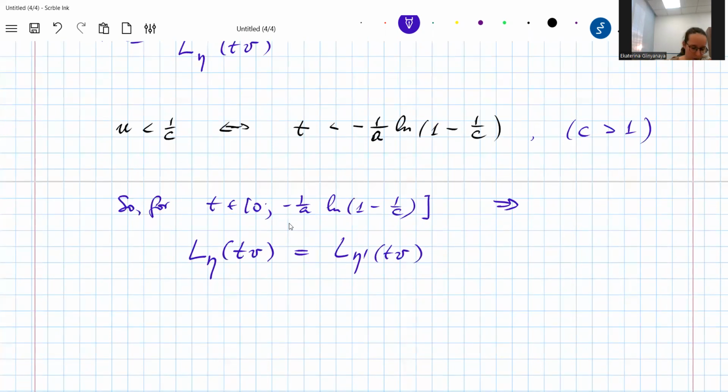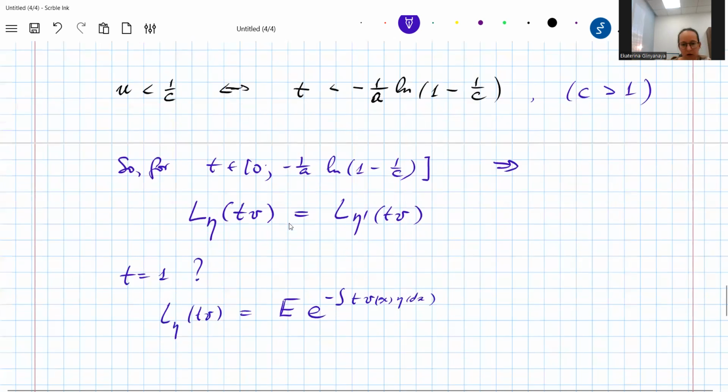Okay, so we can see that this is true for such t, but we want to take t equal to 1. Let us recall the Laplace transform of tv: this is just the expectation of exponent minus the integral of tv of x eta dx.